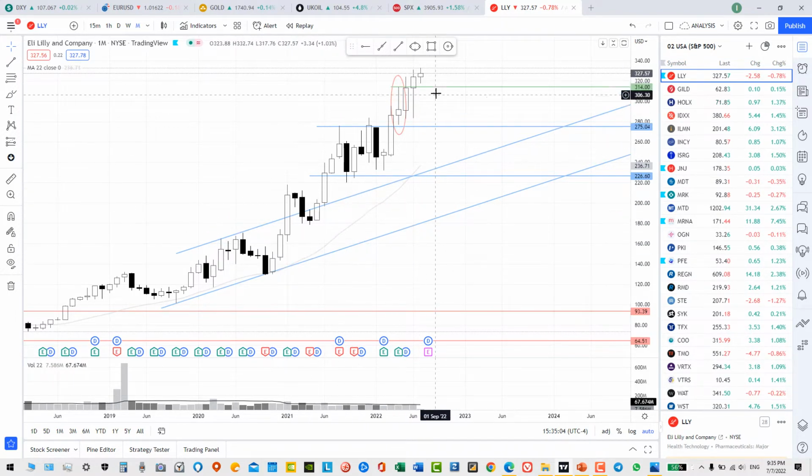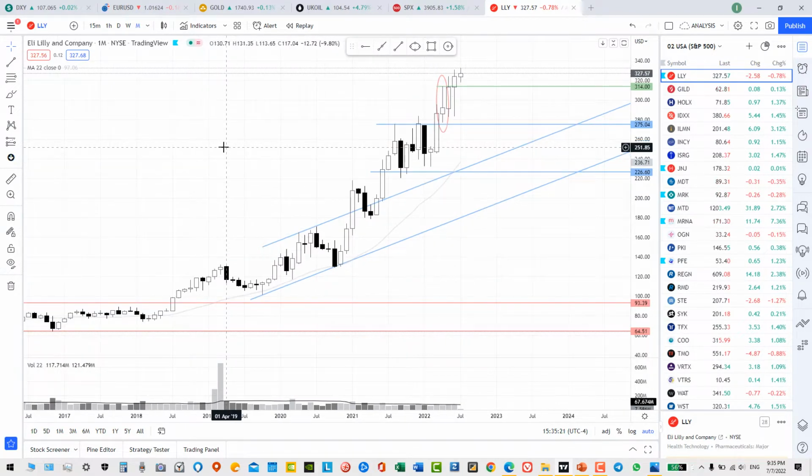The angle of the trend is getting steeper, and this is indicating more bullishness. Of course, these details will be much clearer over the weekly chart, but over the monthly chart, things are looking very good and very healthy.